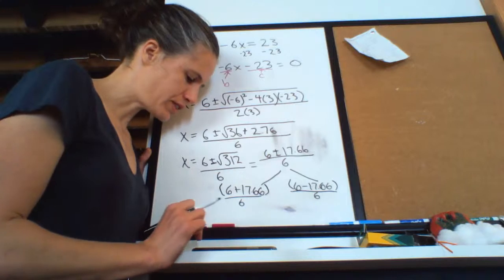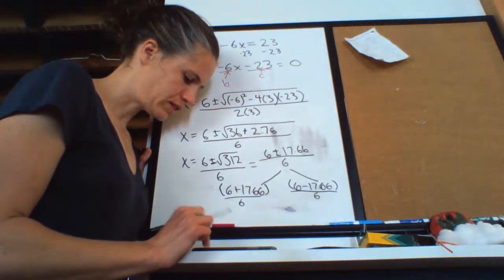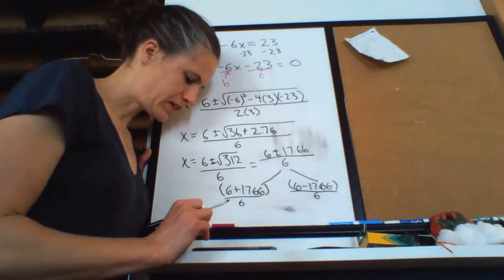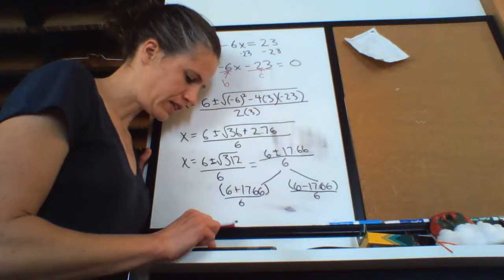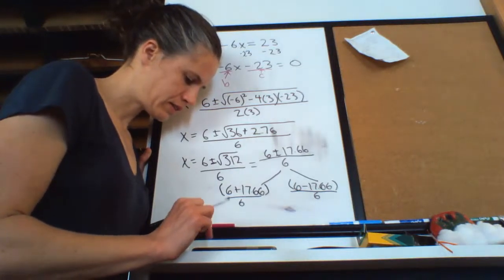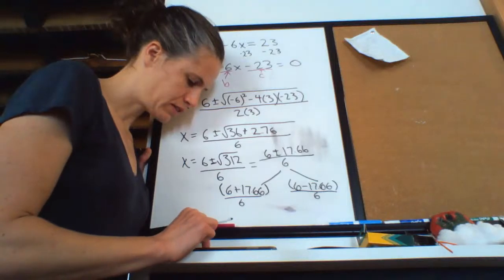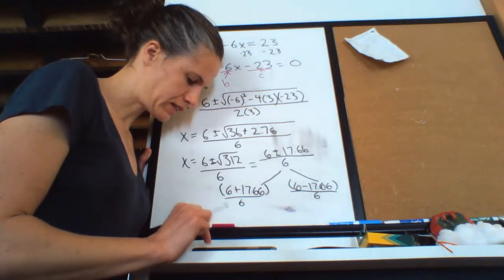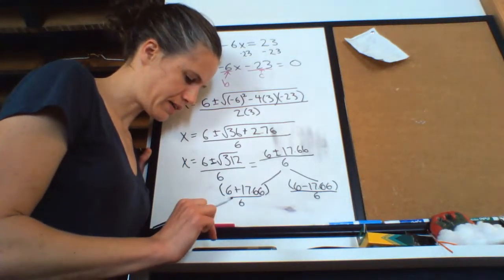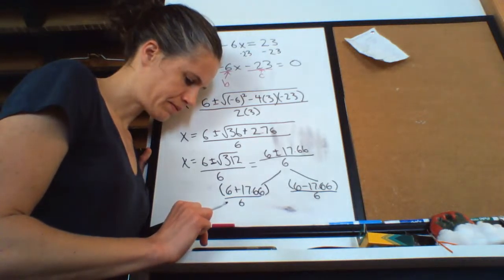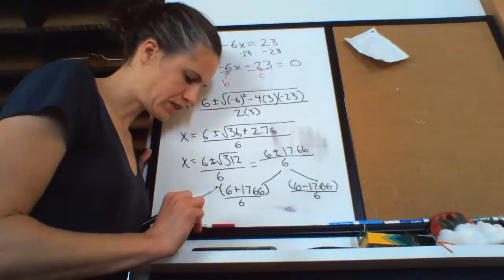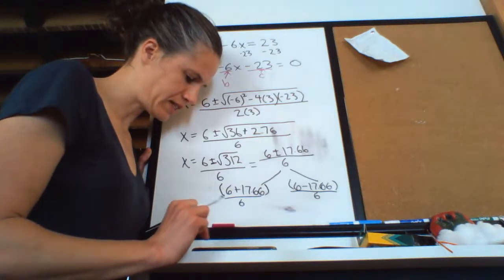Okay, so 6 plus 17.66 divided by, sorry, I should have calculated that before, divided by 6.